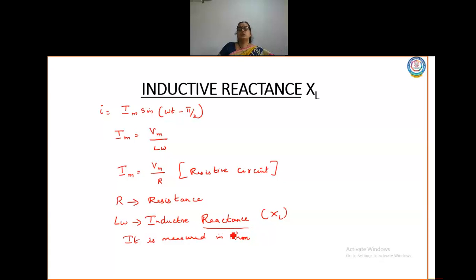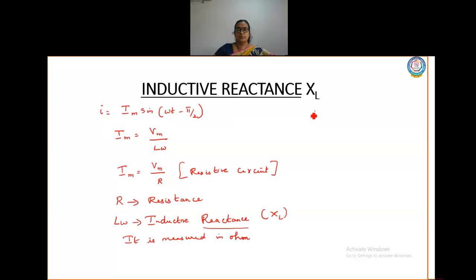It will react with change in the frequency of AC. Whereas in a resistive circuit, if there is a change in frequency, the resistance will not have any influence. In an inductive circuit, if the frequency is changing, there will also be a change, and hence you name this reactance, inductive reactance.